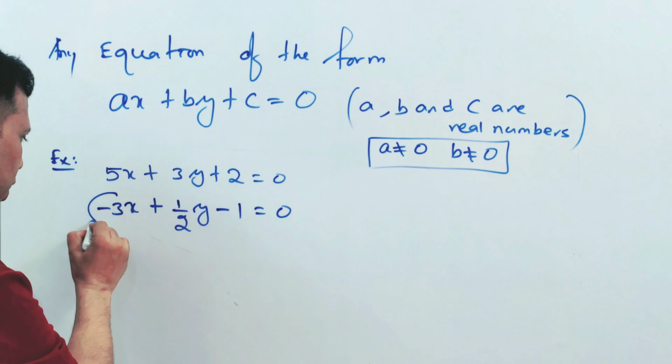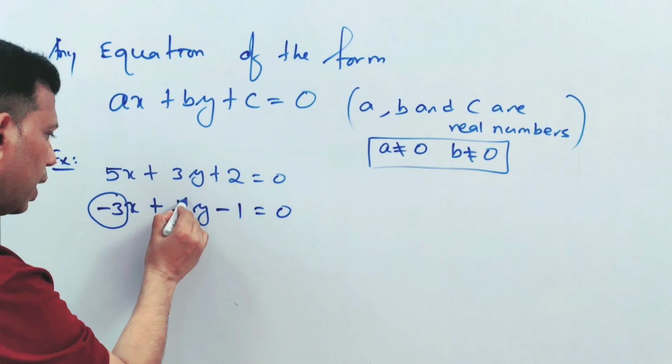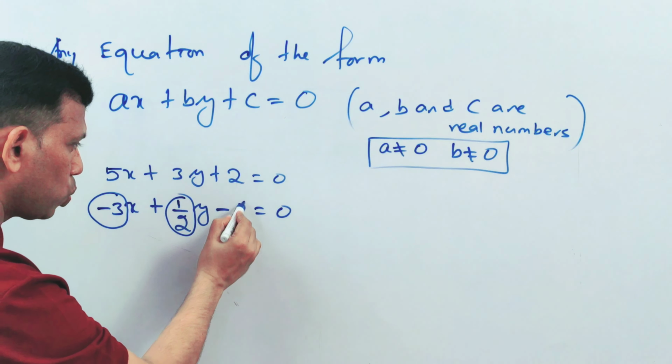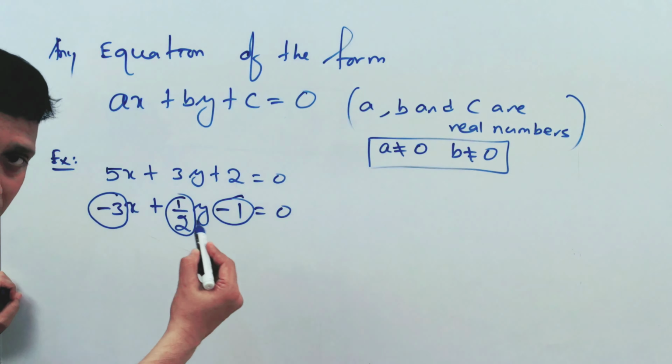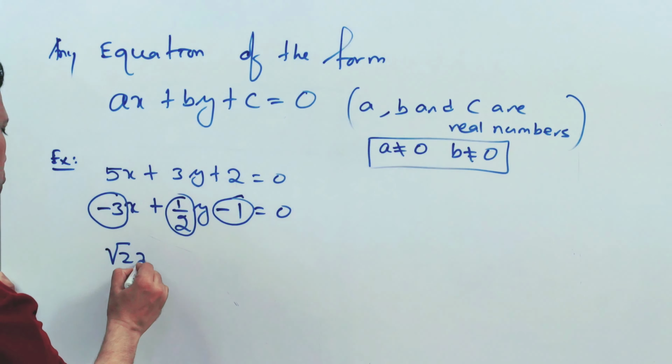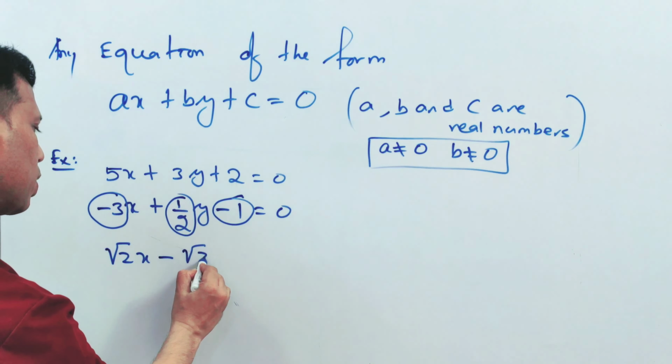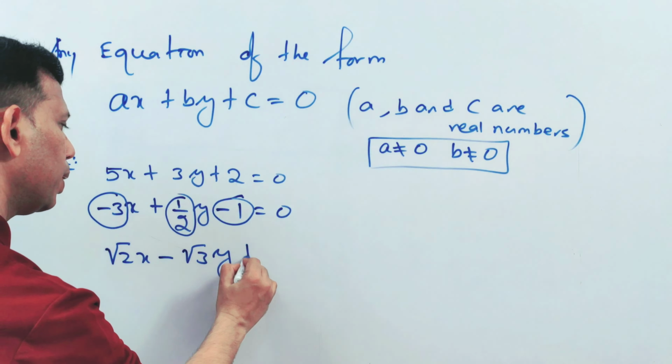Same, this is a minus 3, this is b 1 by 2, and this is c, that is minus 1. Now another example: root 2 x minus root 3 y plus 1 by root 3 is equal to 0. Here I have not taken simple numbers, I have taken irrational numbers. No problem, a, b and c can be any real numbers.